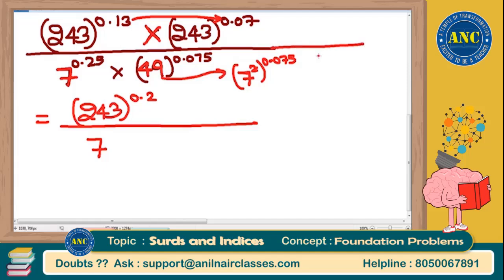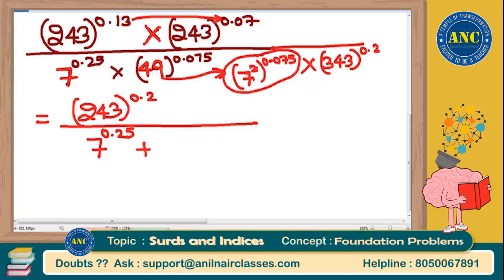Another term I forgot to write in the denominator is 343 to the power of 0.2. So the first term is 7 power 0.25, the second is 7 square to the power of 0.075, which is 7 power 0.15, and this is 7 cube to the power of 0.2, which is 7 power 0.6.